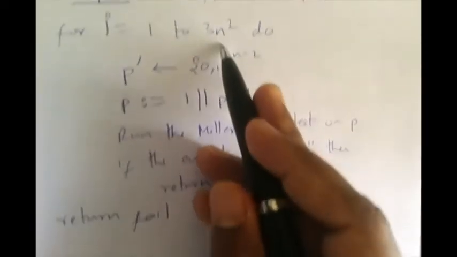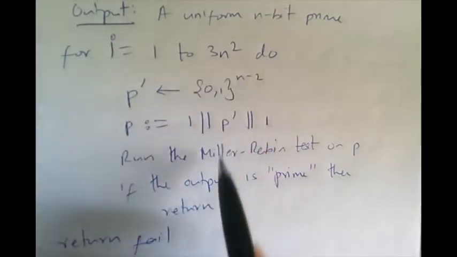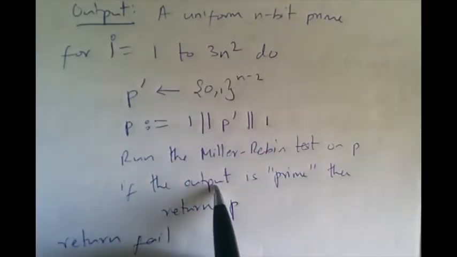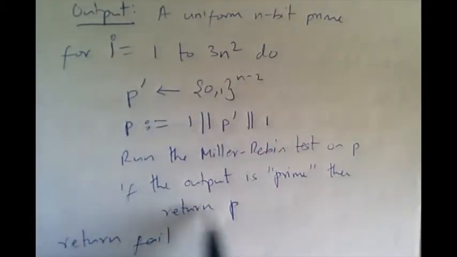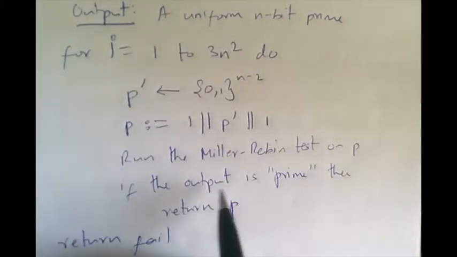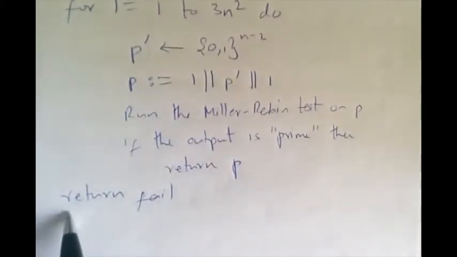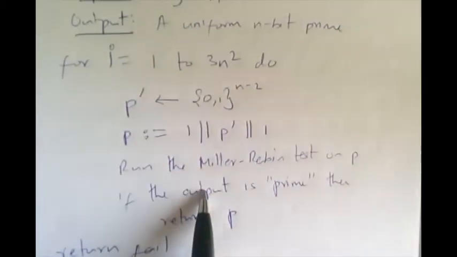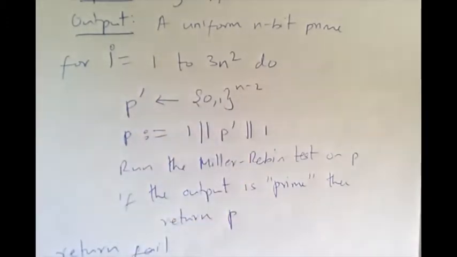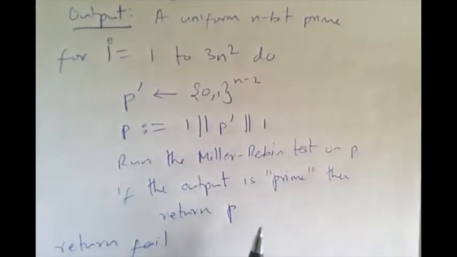So in all 3n square iterations, if the Miller-Rabin test output is composite, so this if condition is not satisfied, then this loop will just run for 3n square times without returning any integer. Then the algorithm will return fail. But by Bertrand's postulate, the probability that fail is returned is going to be exponentially small in n. So that is going to be the strategy.